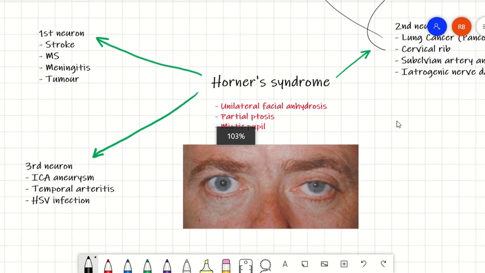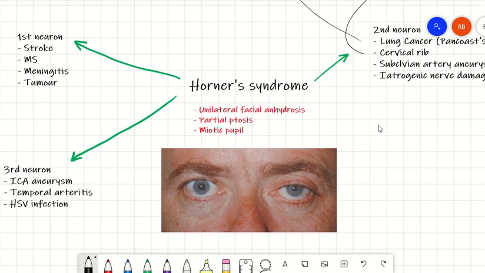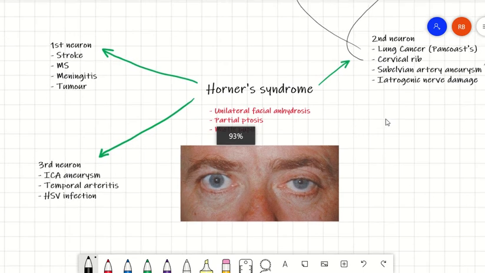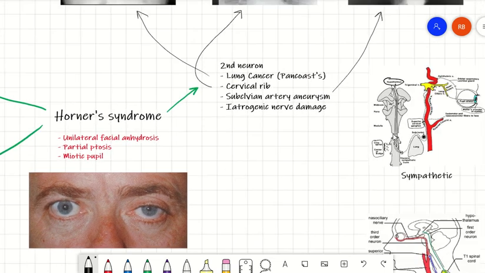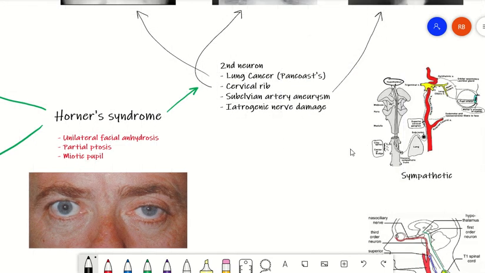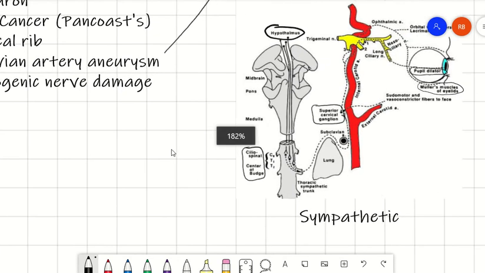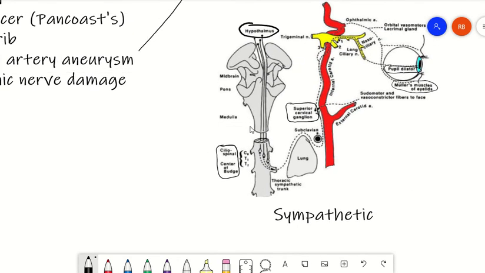So I've divided the causes of Horner syndrome into three main areas. You can see here, we can look at it by neuron. Remember we said the sympathetic pathway is a three-neuron pathway: first order neuron, second order, and third order neuron. If we look at the first order neuron, where's that going from? The first order neuron goes from the hypothalamus to the ciliospinal center of Budge.